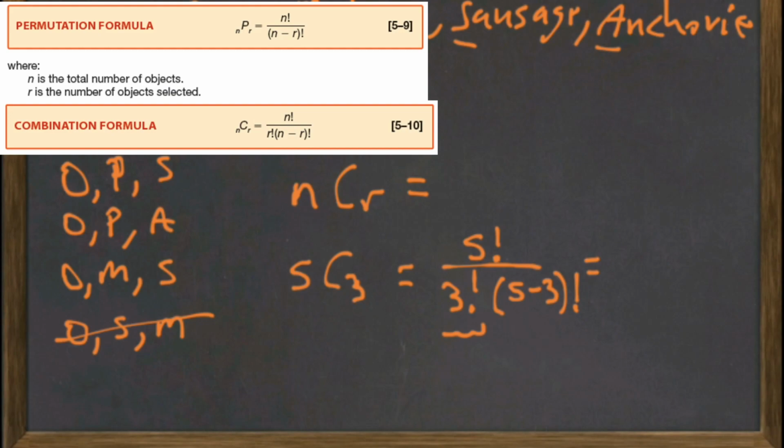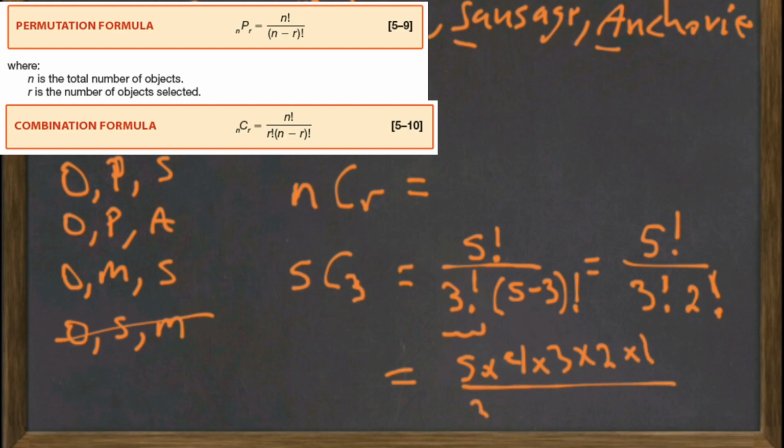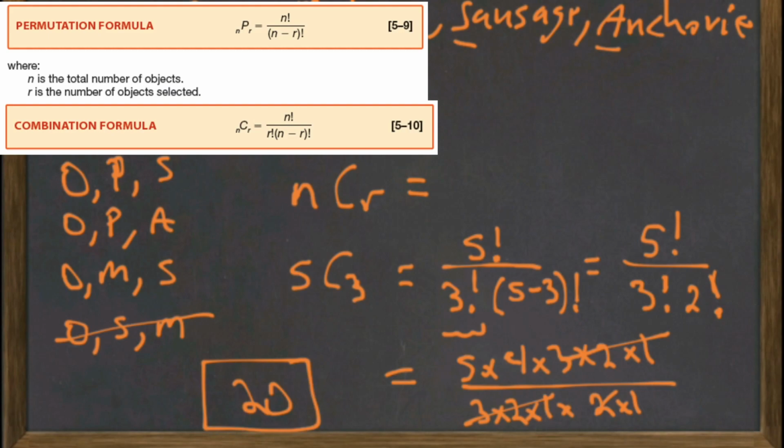When we calculate this out, we can simplify it a little bit: 5 factorial over 3 factorial times 2 factorial. We could calculate that directly, or we can say this is 5 times 4 times 3 times 2 times 1 over 3 times 2 times 1 times 2 times 1. Some of these cross out, and we have 20 divided by 2, so we end up with 10.